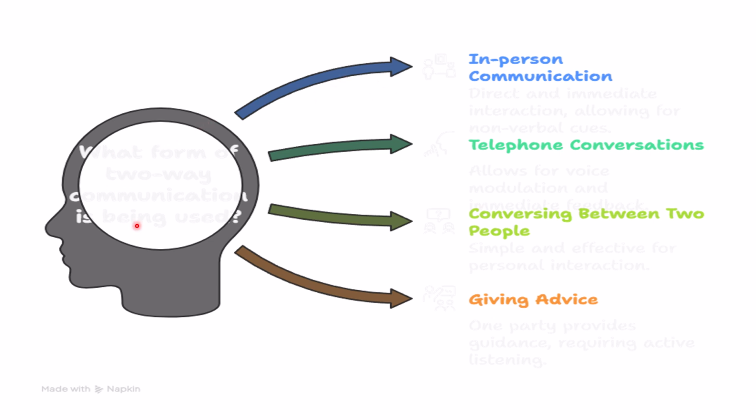This chart shows examples of two-way communication. In-person communication is an example of two-way communication. In-person communication is also known as face-to-face communication. It involves direct interaction between two or more people, and telephone conversation, a conversation between two people or two groups, and giving advice. These are all examples for two-way communication.